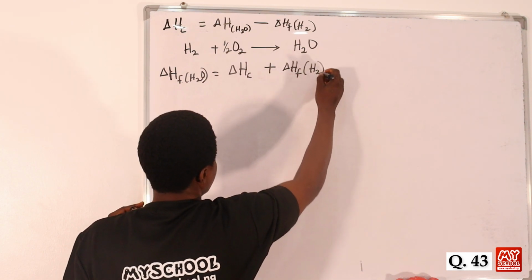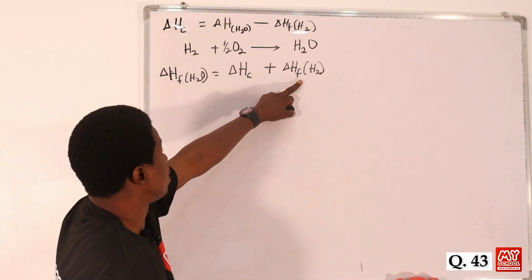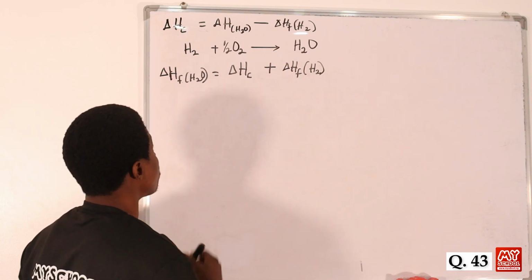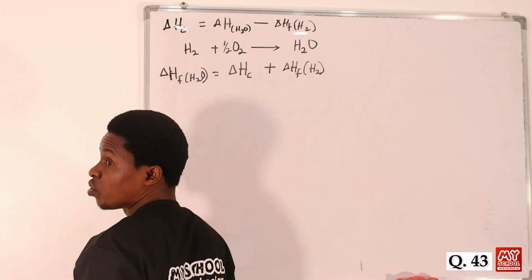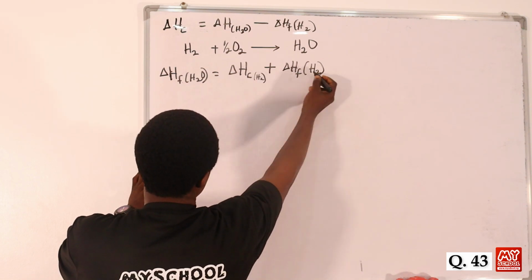At this point, the heat of formation of hydrogen will be 0, because it is not hydrogen that is being formed here, it is water that is being formed. So the heat of combustion, we are talking about the heat of combustion of hydrogen here plus the heat of formation of that.